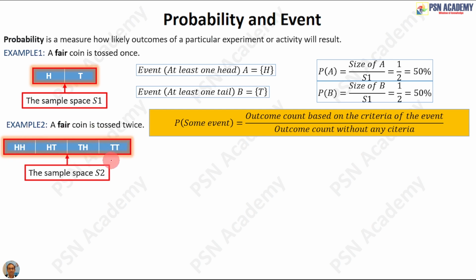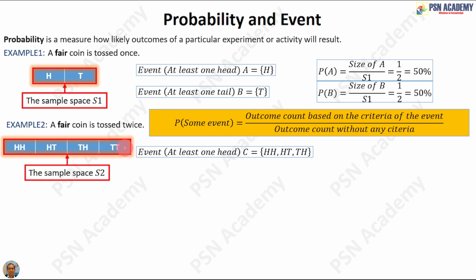This time also, we are interested in the same event, that is at least one head, just like before. So the event at least one head, we give the name C. And now this set C has 3 elements because in HH there is at least one head, so we can count that. We can count this one also because there is one head. Here also there is one head.